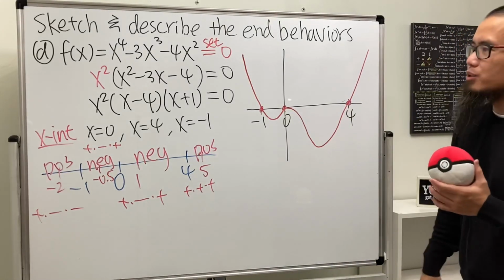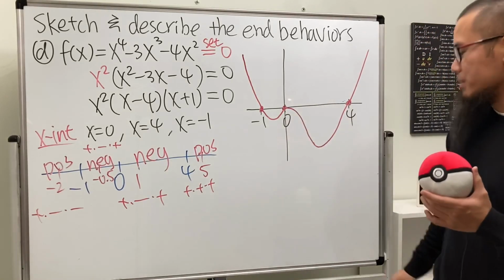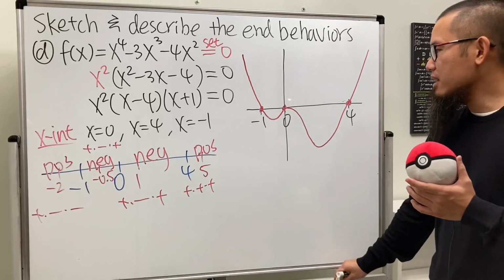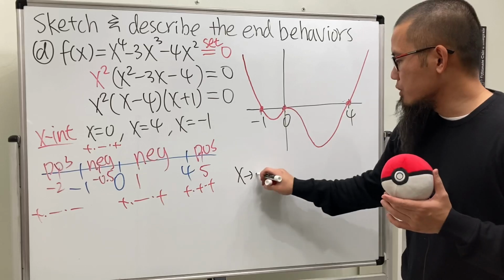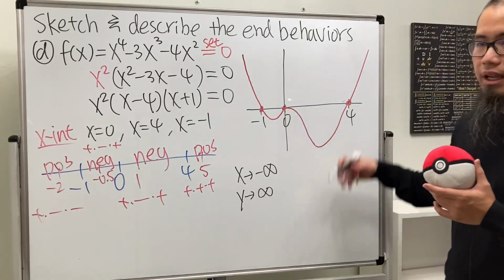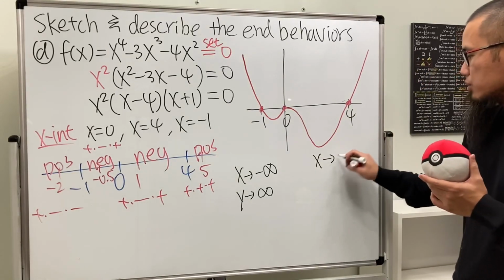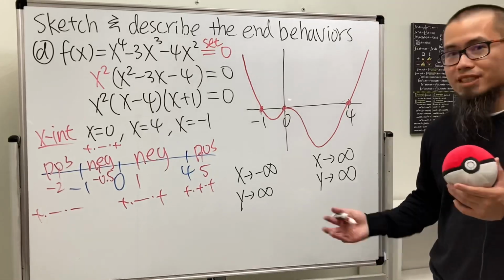So that will be a picture for it. And of course, 0 is also the y-intercept, so nothing too much we can talk about. And we will just finally say, when x is approaching negative infinity, y goes to positive infinity. And on the other end, when x is approaching positive infinity, y goes to positive infinity. So that will do it.